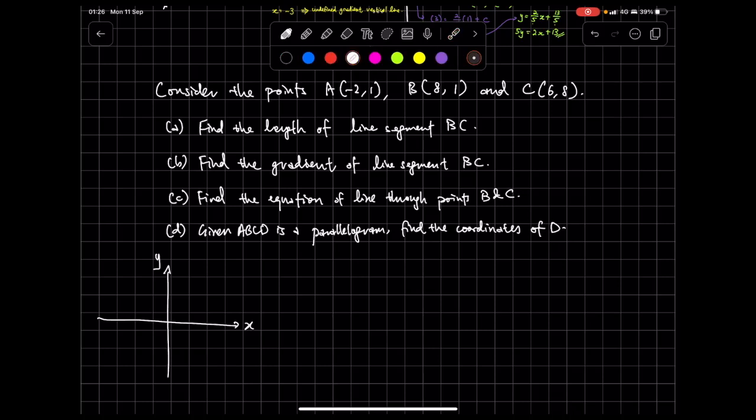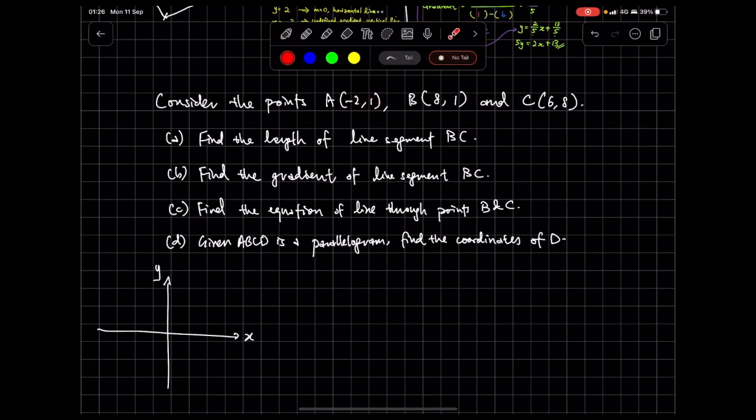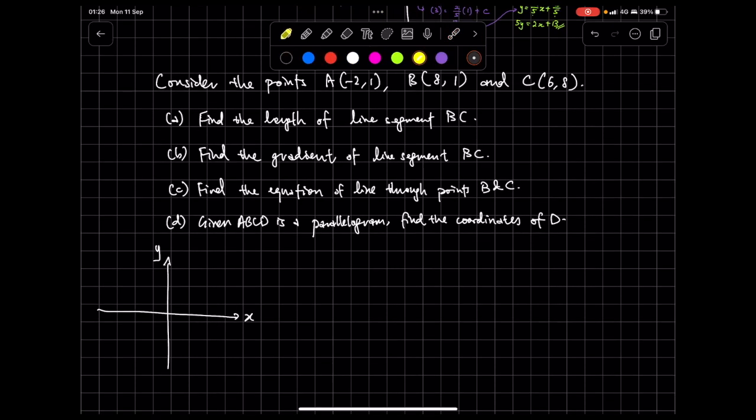So I'm going to use yellow to plot the points, and I'm not going to plot them very nicely. First thing I notice is that A and B have the same y coordinate. What does that mean? They are going to lie on the same height, the same y value, and it's going to be y equals 1.